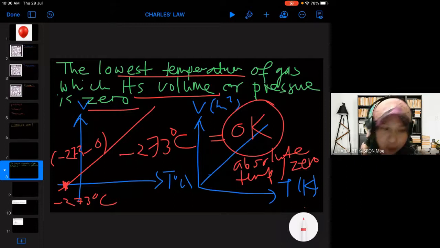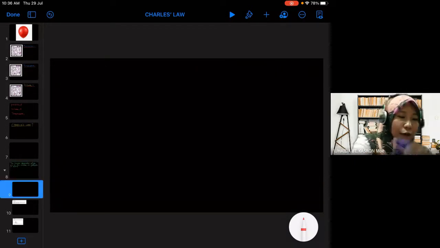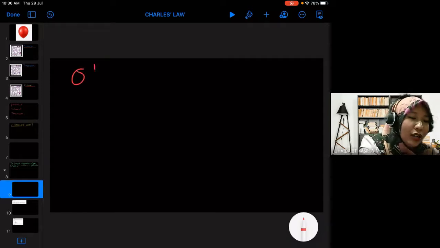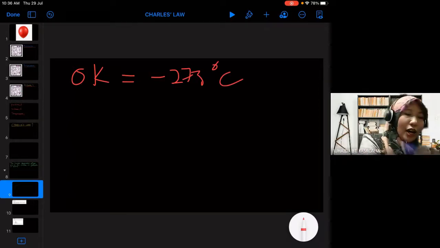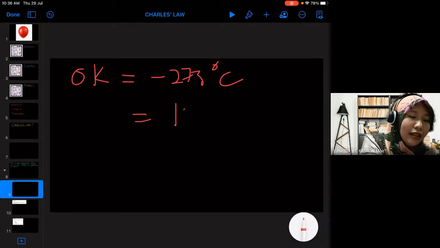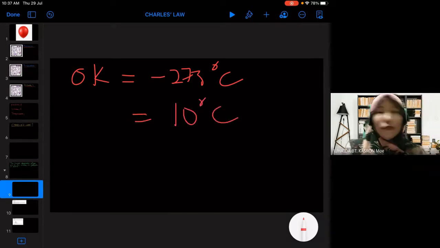Okay, so for example, now we know that 0 Kelvin equals to minus 273 degrees Celsius. So if I have 10 degrees Celsius, how to convert into Kelvin?